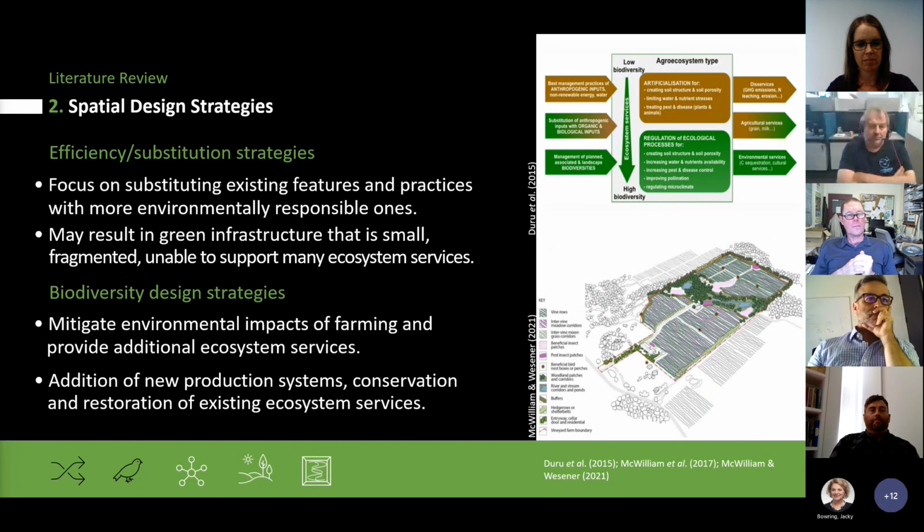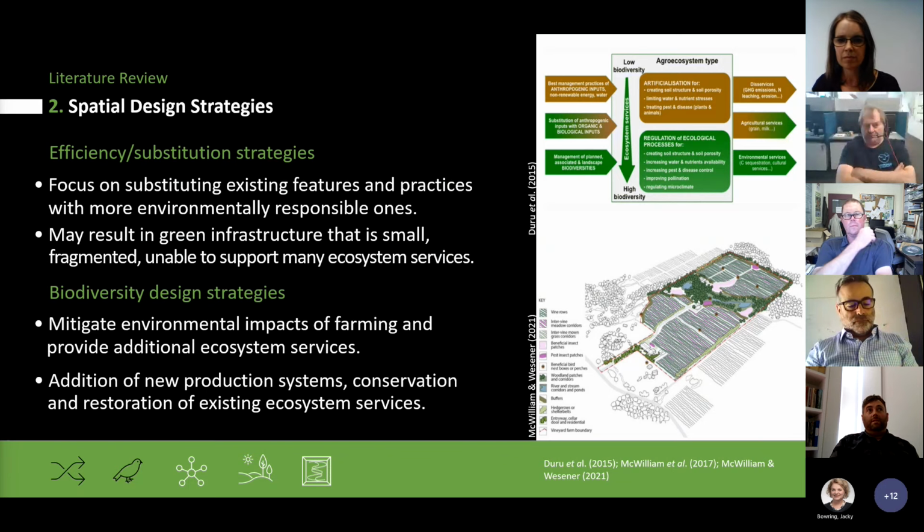If you can see the image up in the top right, the brown, if you like, at the top is showing a steady as you go efficiency substitution strategy. And as you move down, the biodiversity gets higher. There's less human involvement and more natural involvement, if you like, and more environmental services provided instead of dis-services.